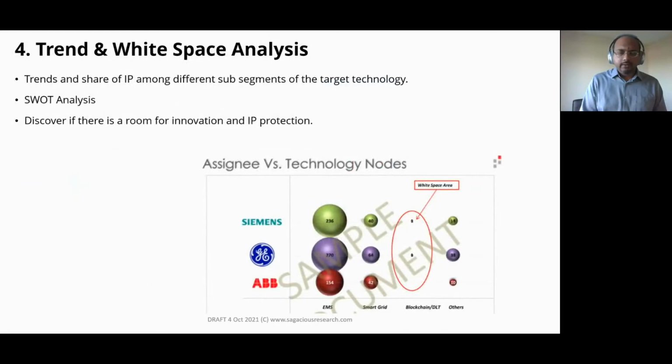Another way people look at this information is to identify white spaces within the overall R&D space that they are working in.